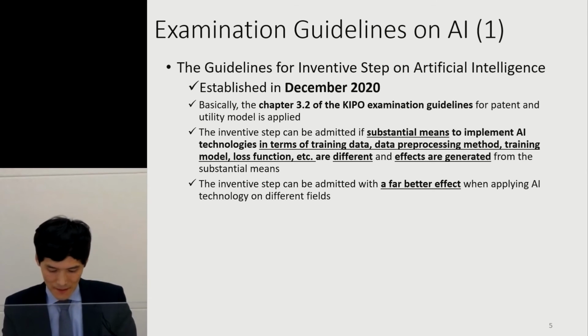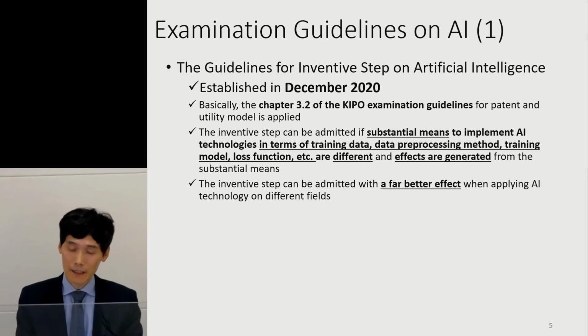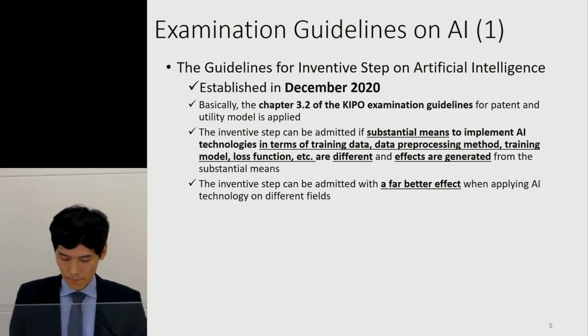Basically, the guidelines for Inventive Step on AI follow Chapter 3.2 of the KIPO examination guidelines for general patent and utility model. The inventive step on AI is admitted if substantial means to implement AI are different and effects are generated from the substantial means with a far better effect. Next, please.